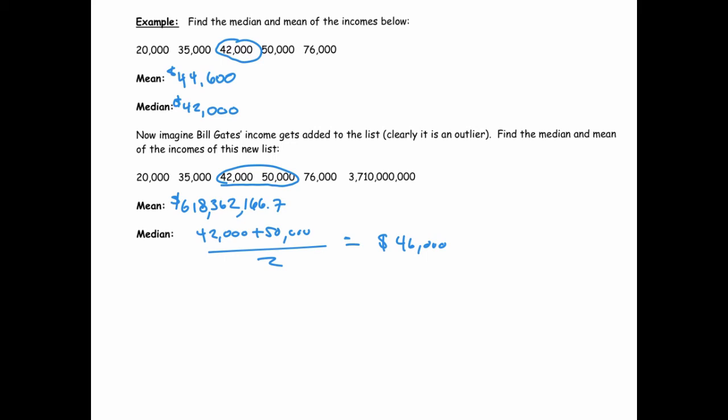So it's not useful in this second scenario to use the mean. It's misleading. Remember, we want the center of the data to be what a typical income would be. And 618 million is not the typical income for these 6 people. In fact, nobody makes that income. No one makes even close. It's just that Bill Gates makes so much and all the others make so little that that's where the average ends up being.